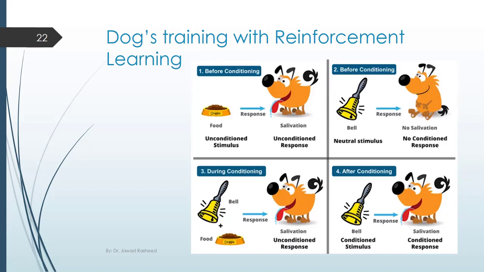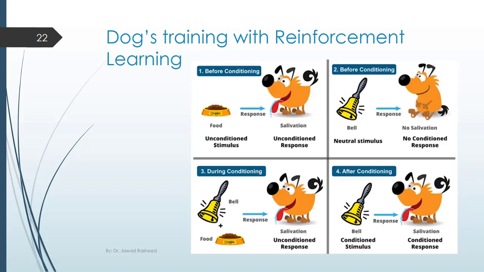For this, the dog did not respond, as the dog doesn't know the meaning of ringing the bell, because he has never seen that bell, and he did not respond to it. So there is no salivation by the dog, no conditional response, because it's a neutral stimulus.